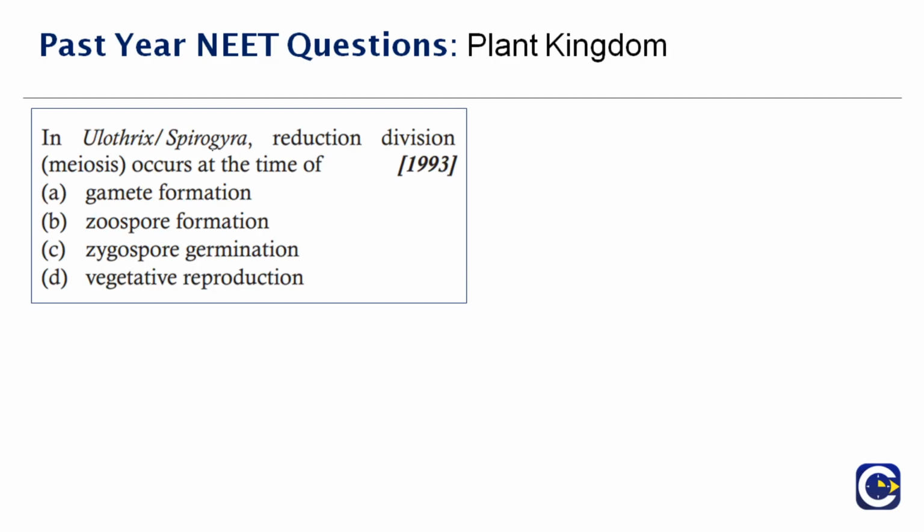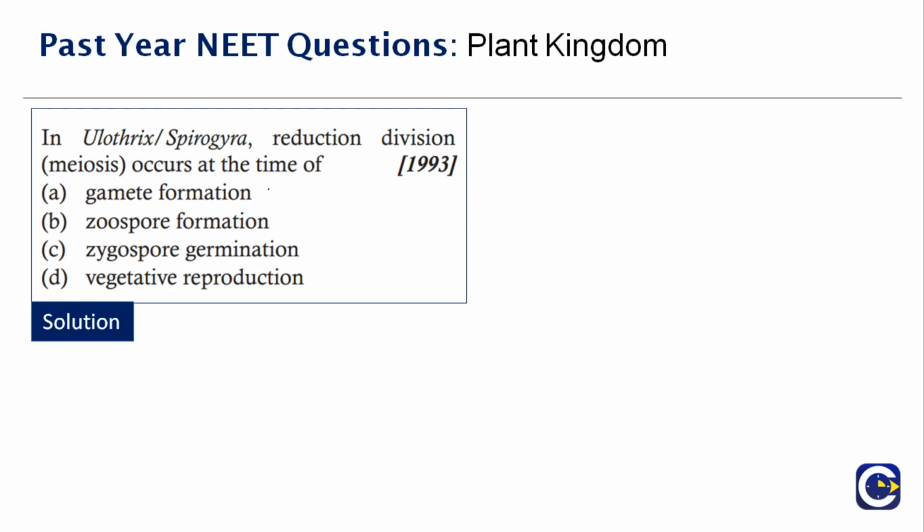In Ulothrix or Spirogyra, reduction division, that is meiosis, occurs at the time of dash. So this question was asked in the year 1993. So here you need to understand what is reduction division. Okay, fine.